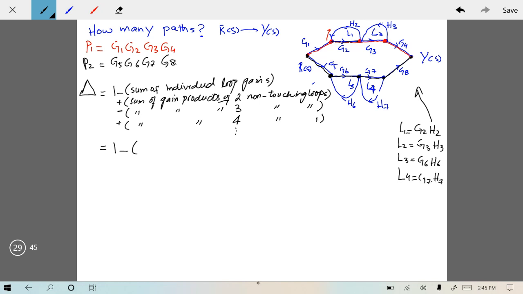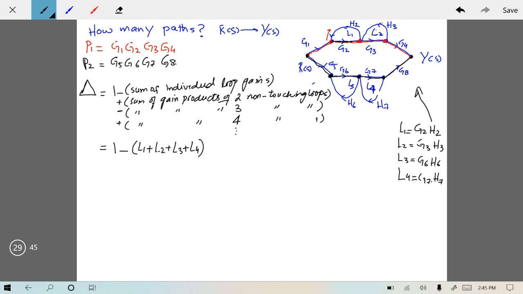So instead of writing G2 H2, G3 H3, G6 H6, G7 H7, I would write L1, L2, L3, L4. So 1 minus sum of individual loop gains. Individual loop gains are L1 plus L2 plus L3 plus L4. So this term is completed.